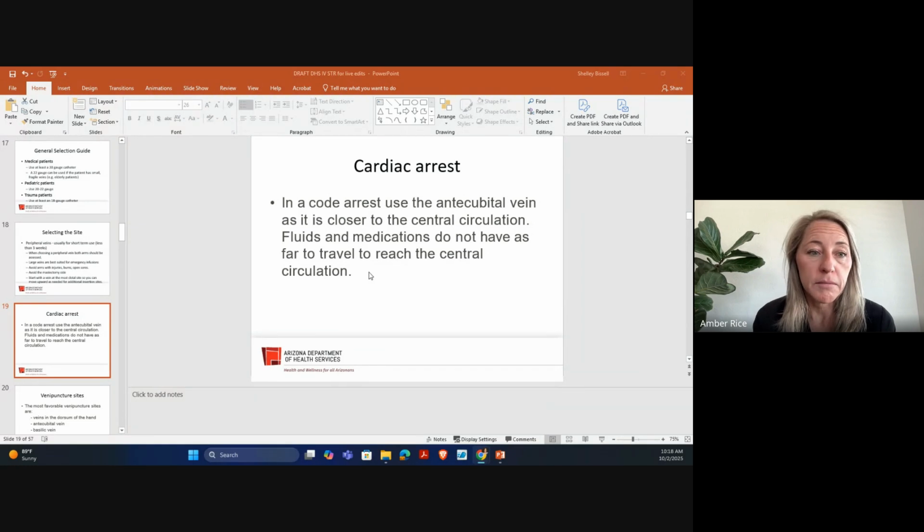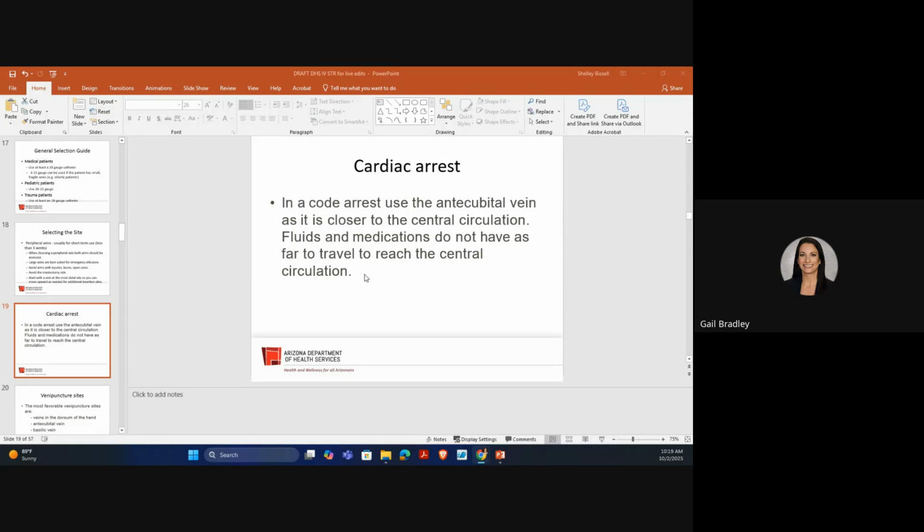Who would we want a larger, more central IV in versus a hand? I think that's the question. I like your terminology, which is to say critical patients, including cardiac arrest.